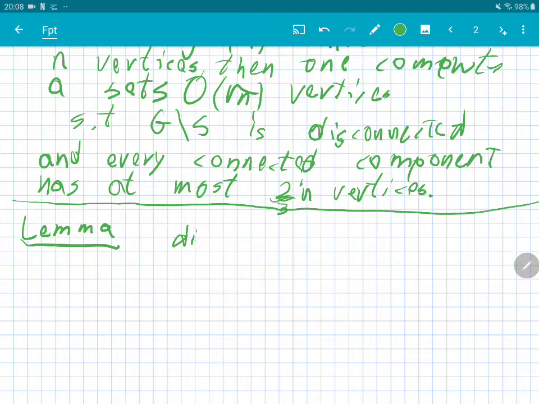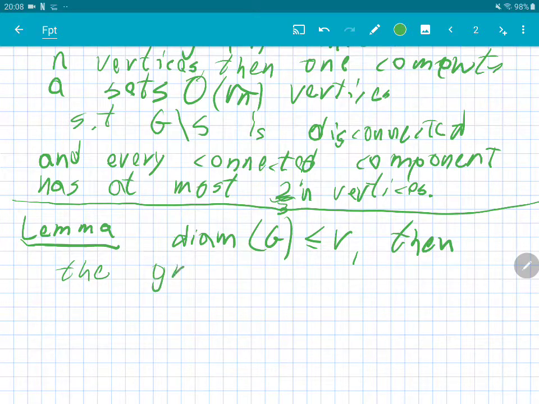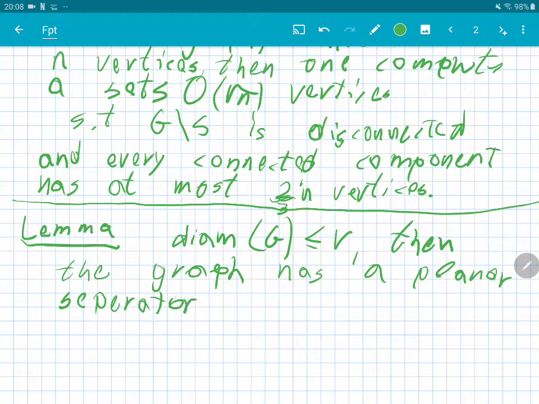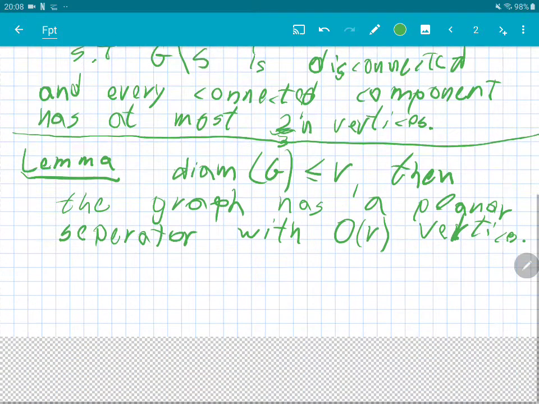If the diameter of G is smaller than R, then the graph has a planar separator with O(R) vertices.